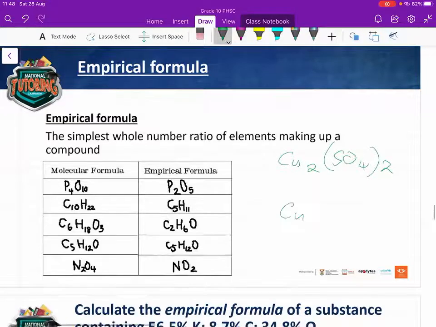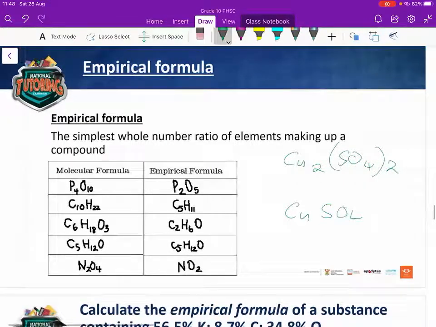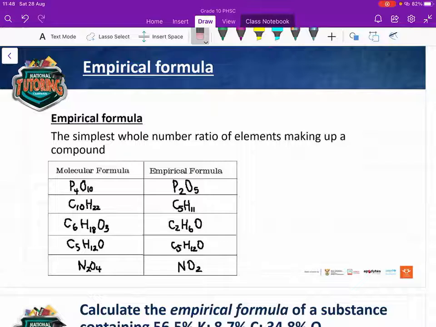We'd rather have CuSO4 because 2 to 2 is the same as having 1 to 1. So when it's not the simplest ratio, it's called the molecular formula. So like P4O10. And when it is the simplest ratio, because 2 can go into 4 and into 10, so we can simplify just like you would simplify a fraction, then the empirical formula is P2O5.